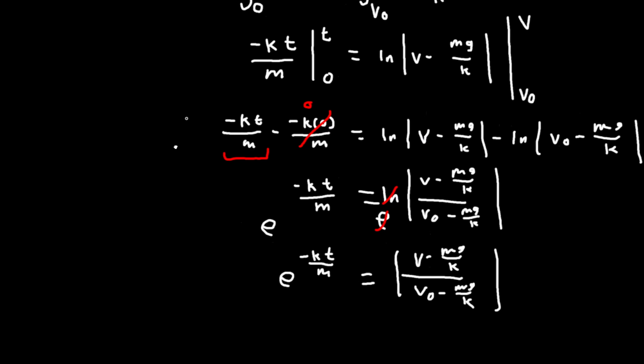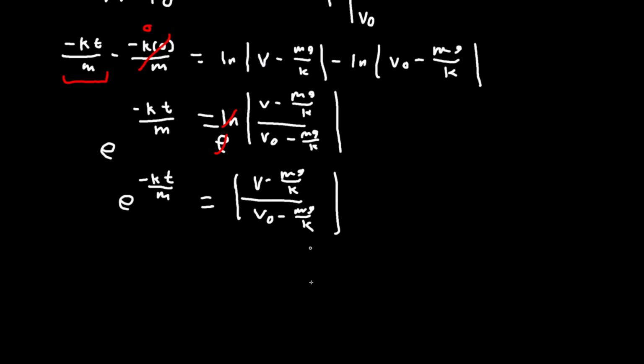So in that case, we would have a positive and a positive. So in either case, this stuff on the inside is always going to be positive. So we can just get rid of these absolute value bars. And now we can easily simplify this expression.